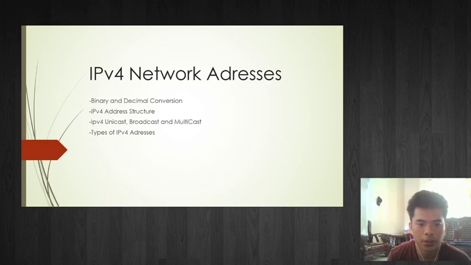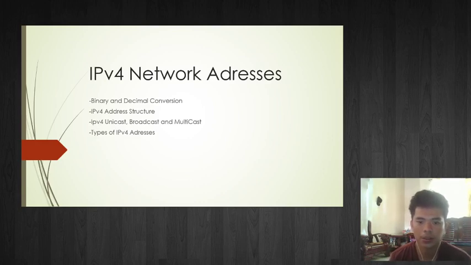So there are also IPv4 unicast and broadcast transmissions. There are IPv4 communications: unicast transmission, broadcast, and multicast. First is unicast. Unicast transmission is communication used for normal host-to-host communication in both client-server and peer-to-peer networks.